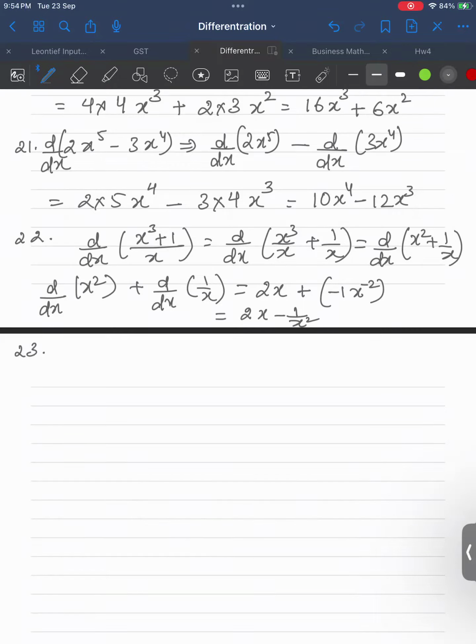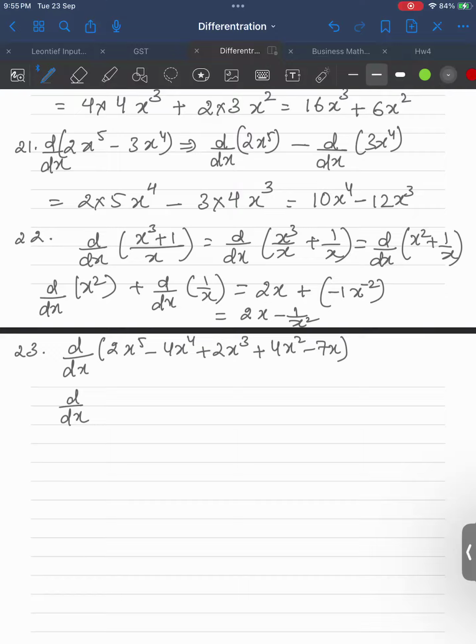23. Let's say I'm giving you the dx, say 2x power 5 minus 4x power 4 plus 2x power 3 plus 4x square minus 7x. d by dx.